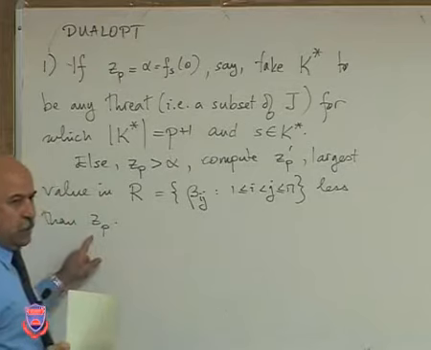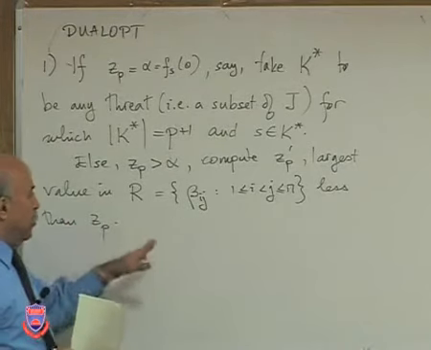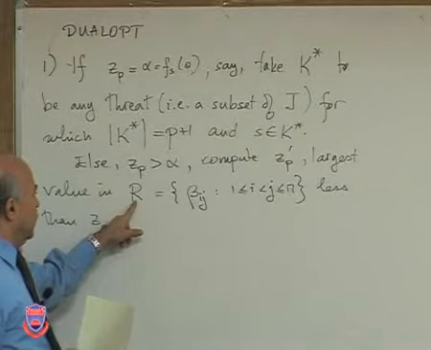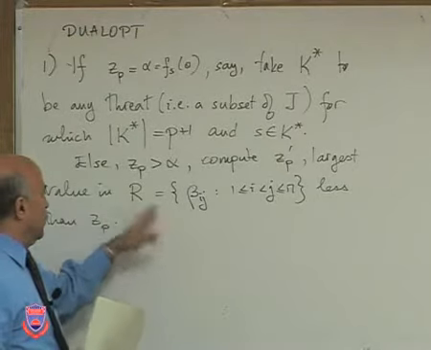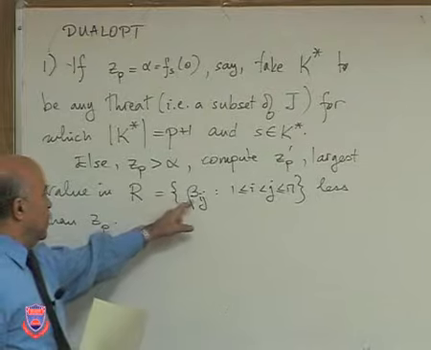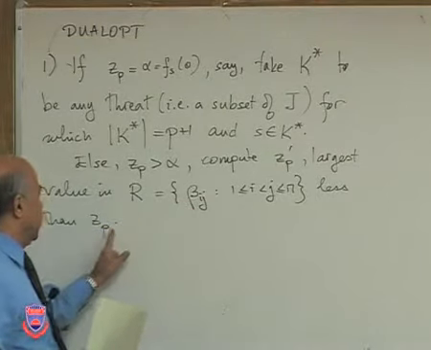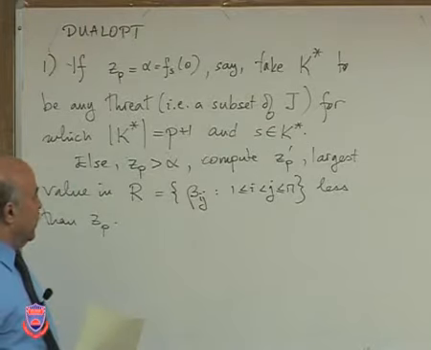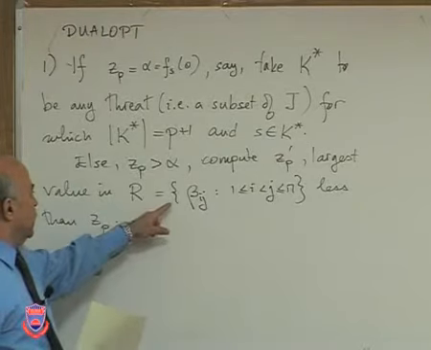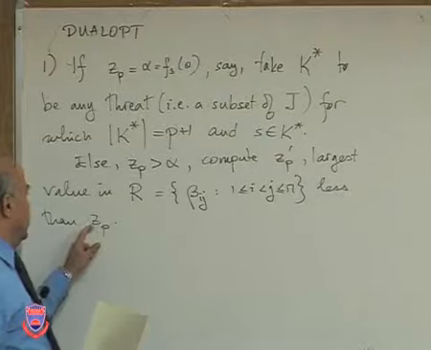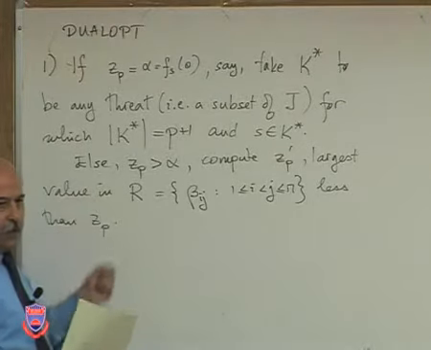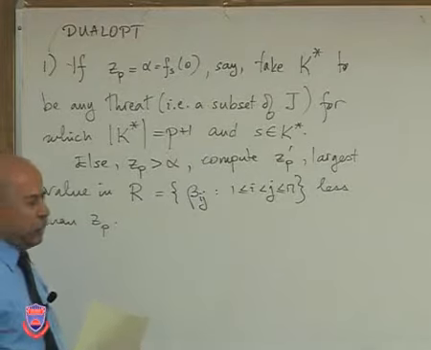So you know ZP, you look into the list R and you truncate the portion of the list which has all those beta ij's greater than or equal to ZP. So those are removed. Of the remaining ones, you pick the beta ij value which is, of course, smaller than ZP, but which is largest among such numbers. Okay?